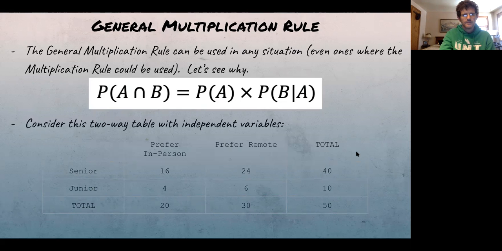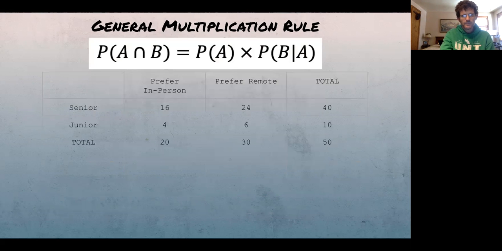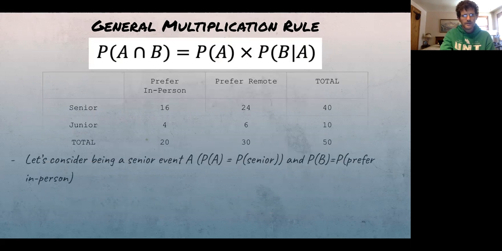So we have this two-way table with independent variables. So I calculate it here. Okay, this one's good. So we got a two-way table. I made these numbers up, but it's preferring in-person versus preferring remote for juniors and seniors. We got 50 students total. You can see how they're split between seniors and juniors and preferring in-person and preferring remote.